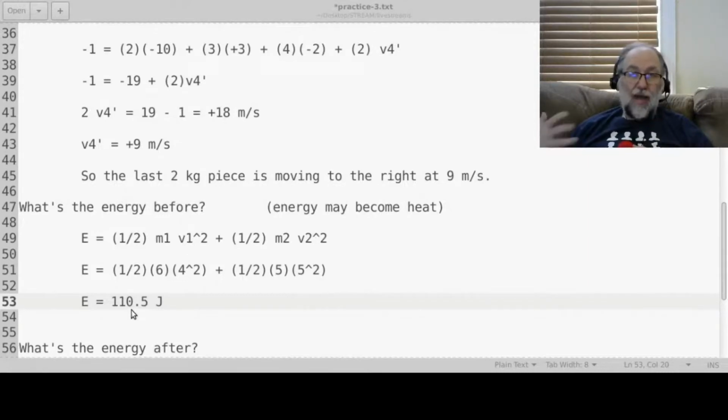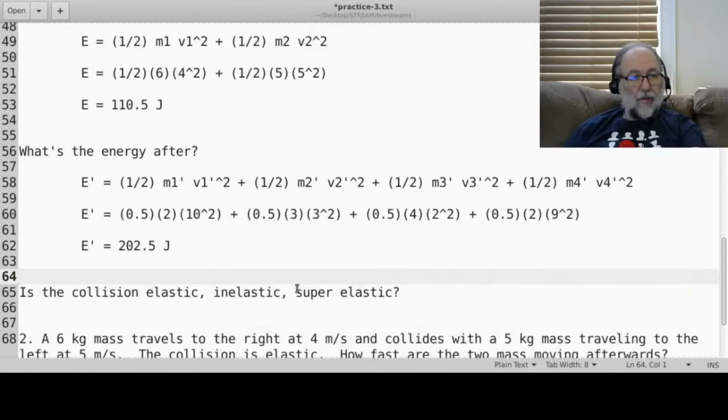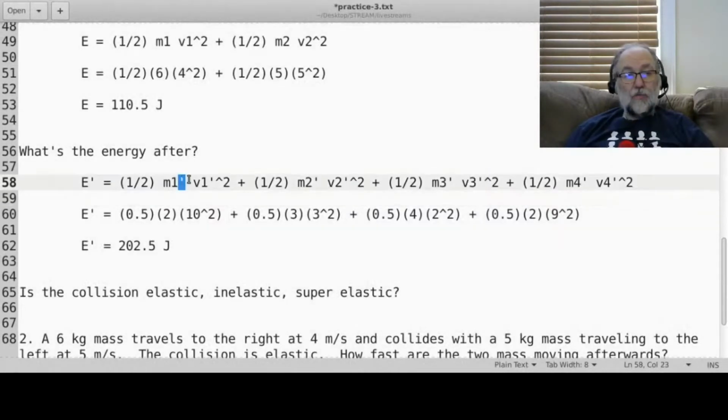What about after the collision? After the collision, same form, but now there are 4 masses. So cut and paste here, and energy after, and there's the formula right there. Did I lose the screen? I did not. So as you can see, 1/2 mv squared, but for all of the pieces now, and also the primes in there, like this prime there and that prime there, because it's after.